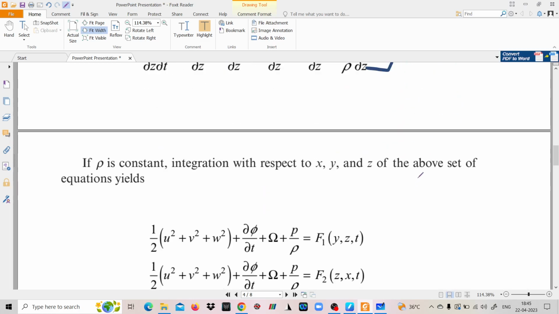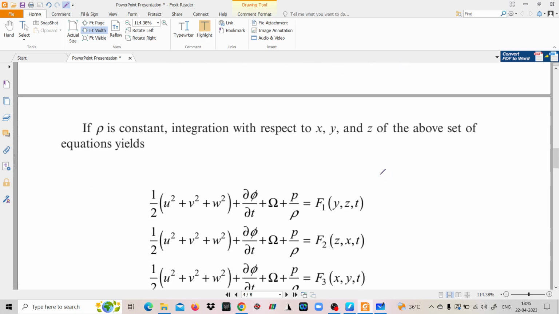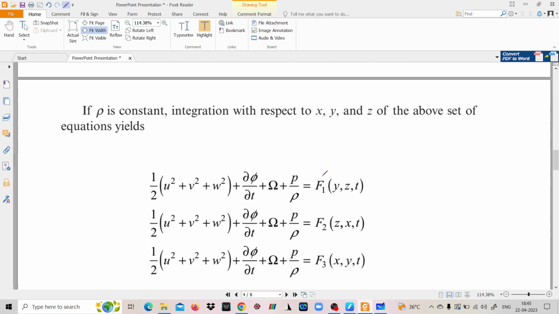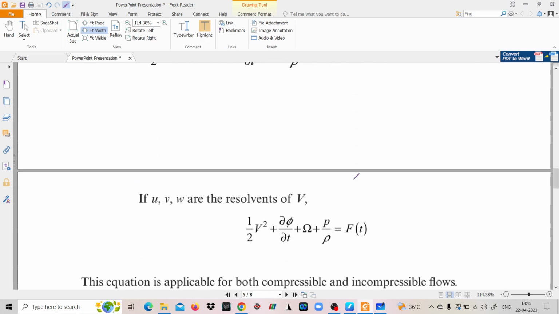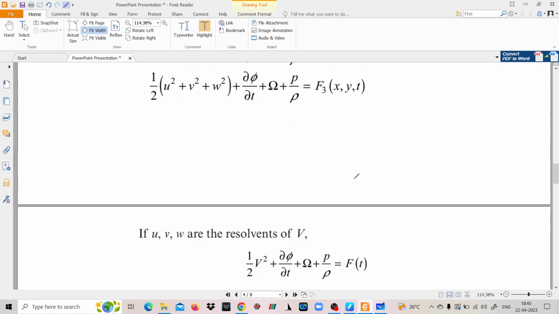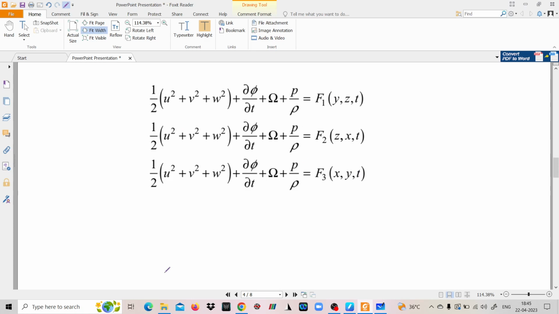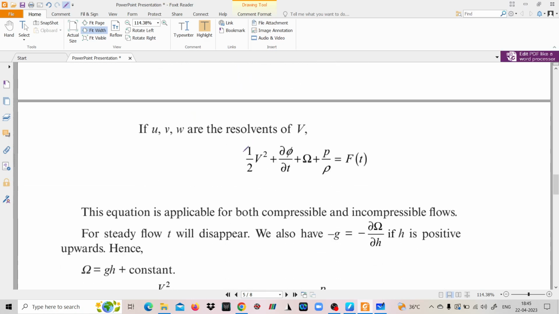Now if density is constant, that is incompressible flow, and if we integrate this with respect to x, y and z, we will get something like this, where f1, f2 and f3 are constants of integration. In short, if you consider these three for any general direction, this can be written as this, which is the unsteady Bernoulli's equation. So this is the idea behind unsteady Bernoulli's equation. Please take a few minutes and see whether you have understood it or not.